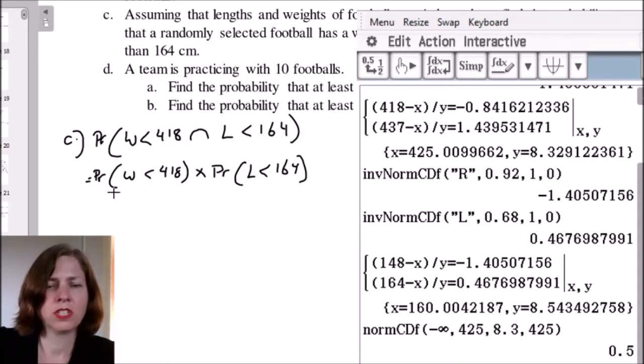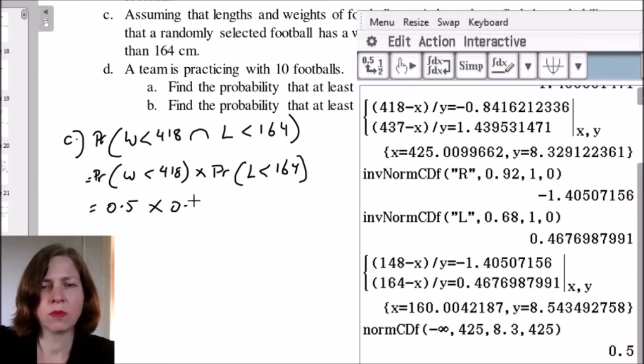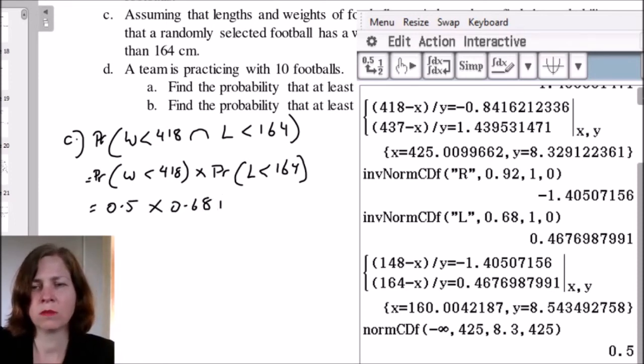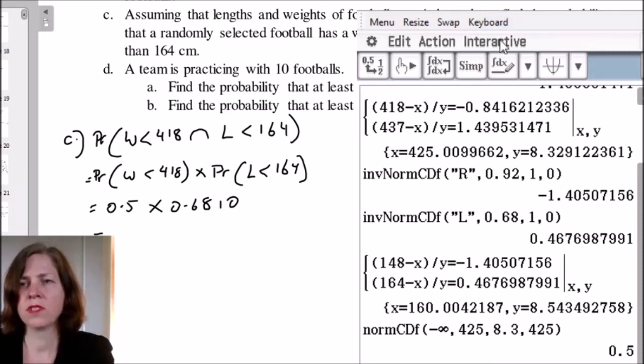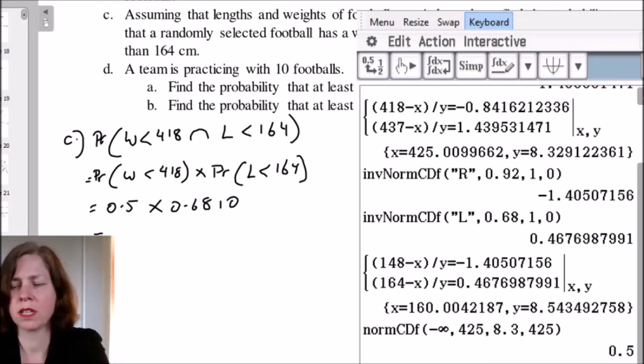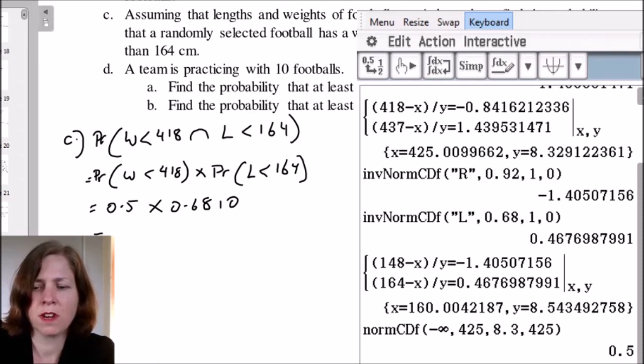Okay, so let's go back to where I'm actually solving this question. What I'm going to do is jot those down. So I had 0.5 here and I had 0.6810, and I'm going to actually do the calculation straight away. I'll just have to do this symbol because I'm on my computer, times 0.5.